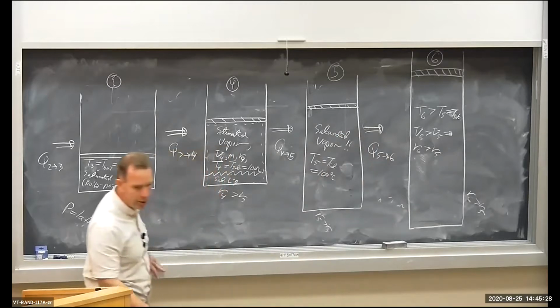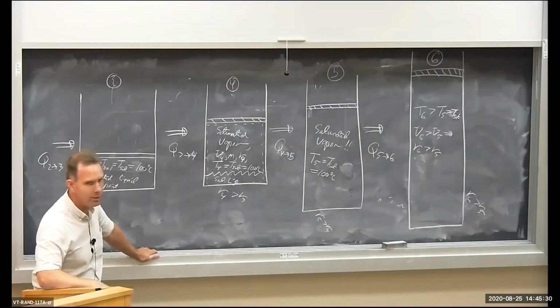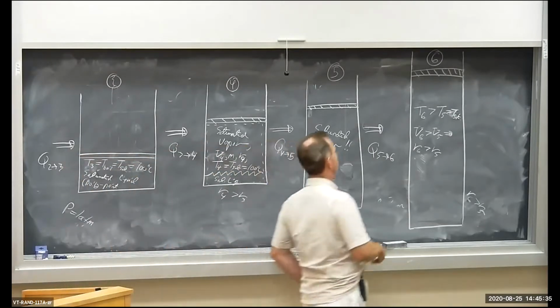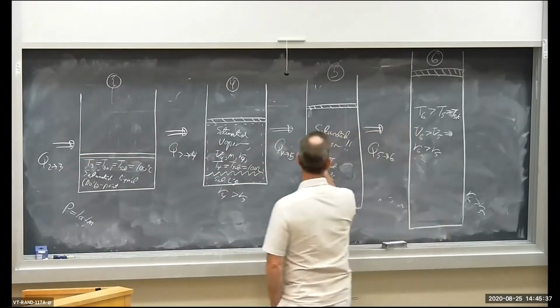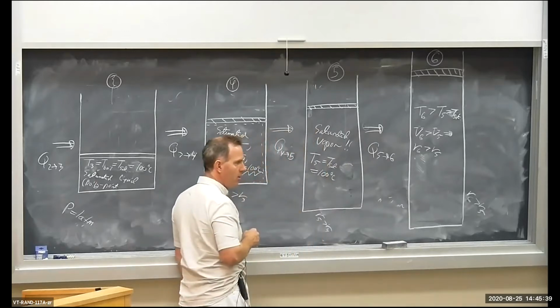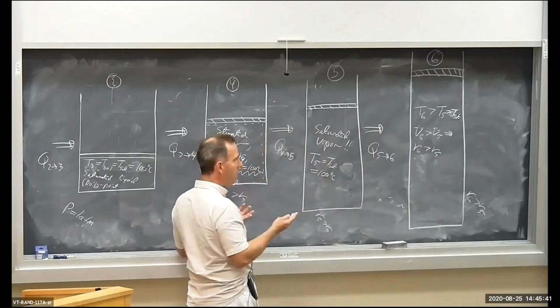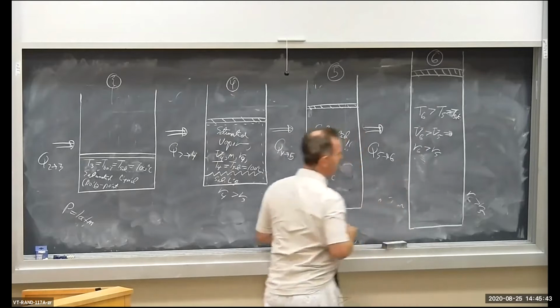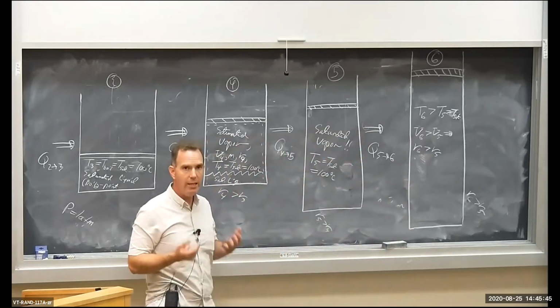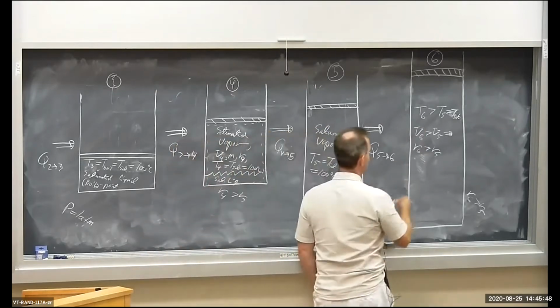Specific volume is volume divided by mass. The mass isn't going anywhere. There's still the same amount of H2O in there. But now, instead of having a saturated vapor, it's now hotter. It's hotter than the saturation temperature, so it's superheated vapor.